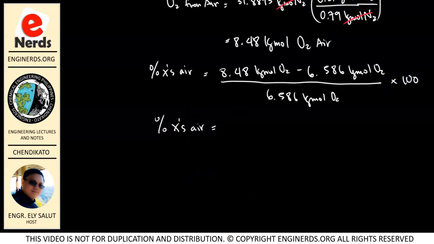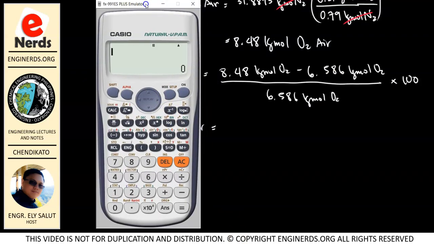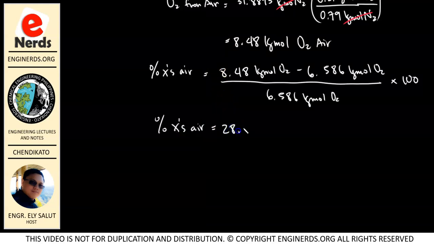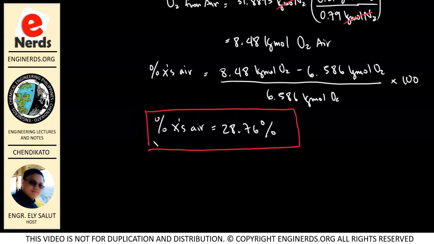So, let us solve for that. We have 8.48 minus 6.586 divided by 6.586 times 100. So, we have 28.76%. Okay, so ito yung ating final answer. So, our percent excess air is equal to 28.76%.